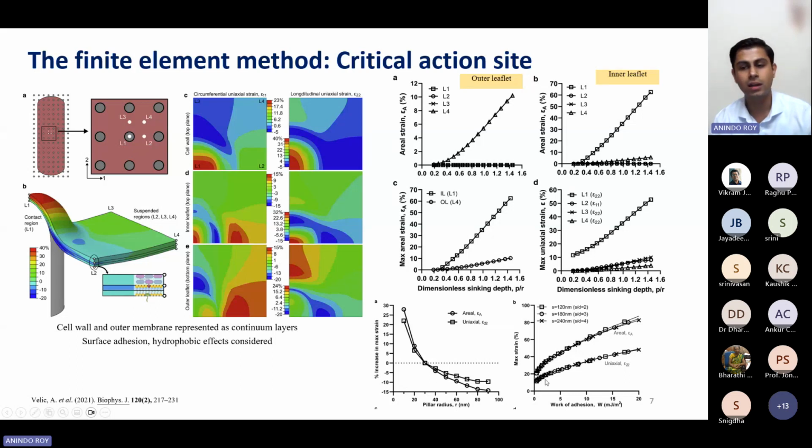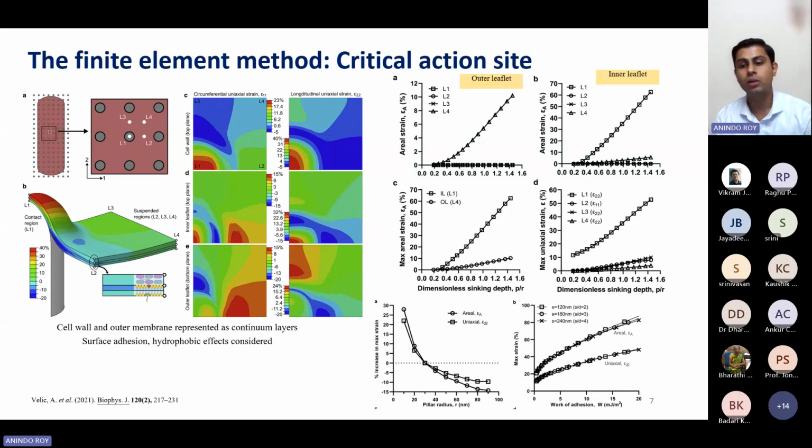In case of interspacing, as you can see, both for the areal strains and the uniaxial strains, there is not much difference even when we increase the interspacing from 120 to 180 to 240 nanometers. As you can see, they almost overlap. Only at very high work of adhesion. Work of adhesion is basically the energy that will be released when the adsorption occurs, because that is a thermodynamically favored process.